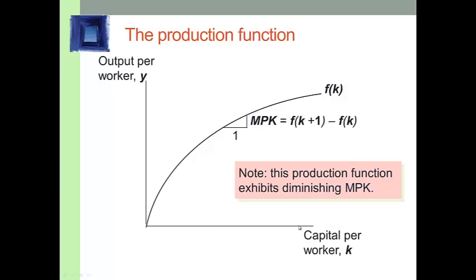But at high levels of capital per worker, an additional unit of capital is relatively unproductive. In other words, the production function exhibits a diminishing marginal product of capital.